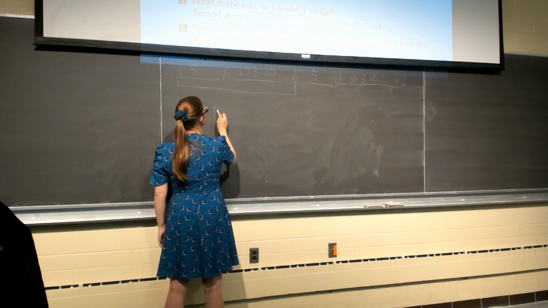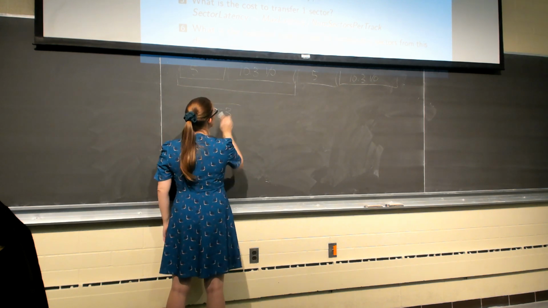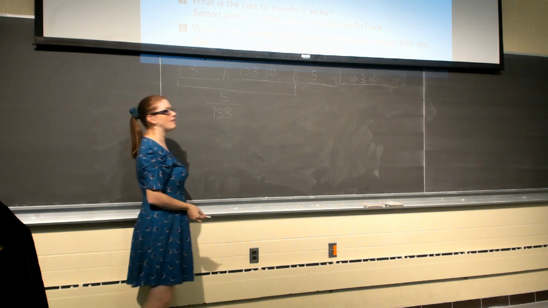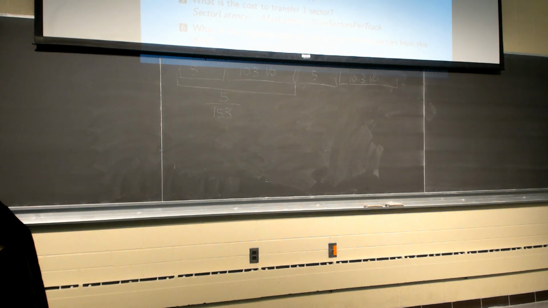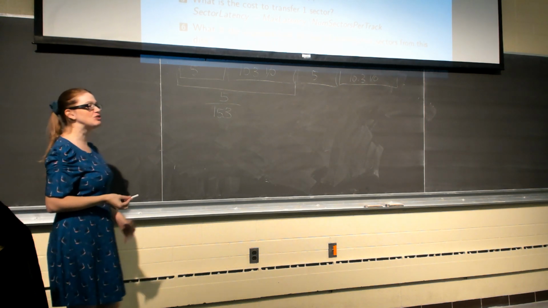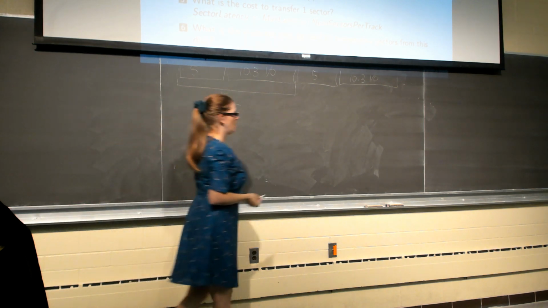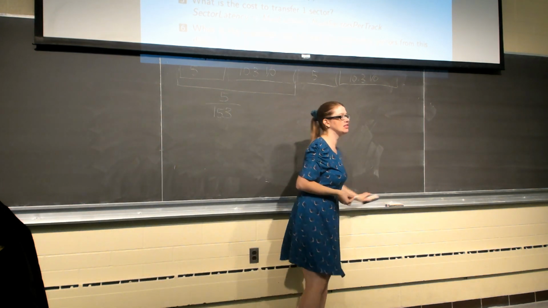The denominator is 15.3 and the numerator is 5. So you end up with a utilization of about a third.